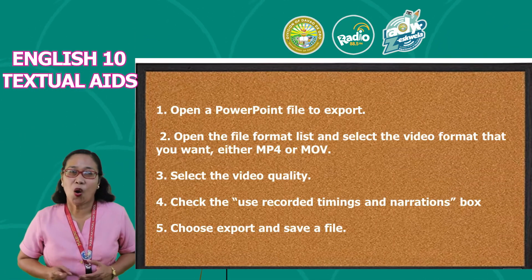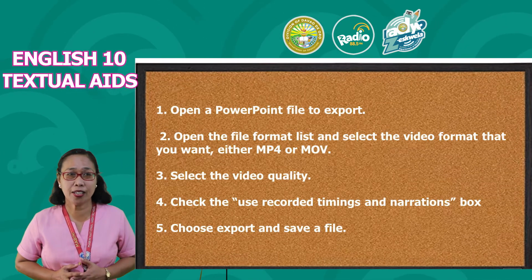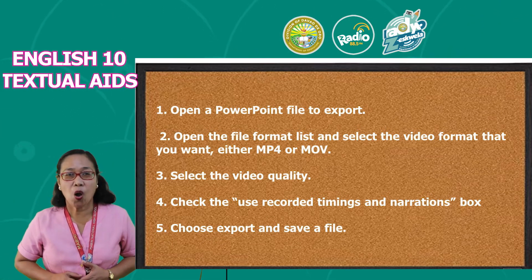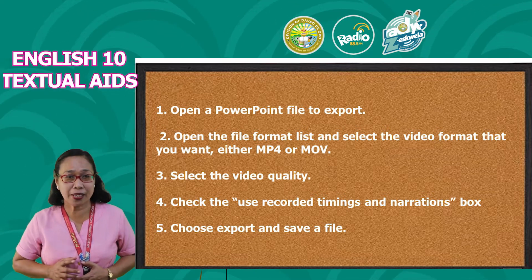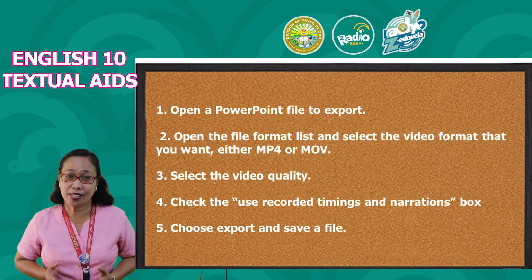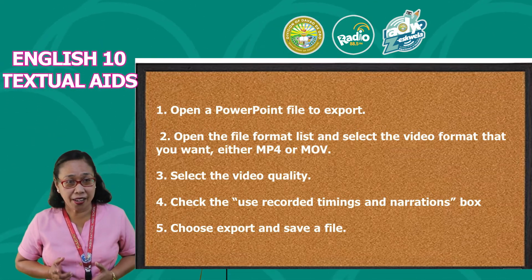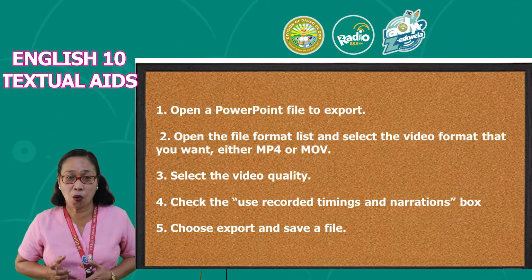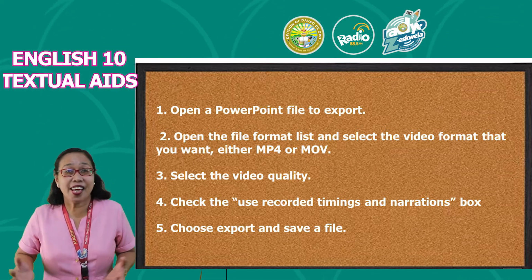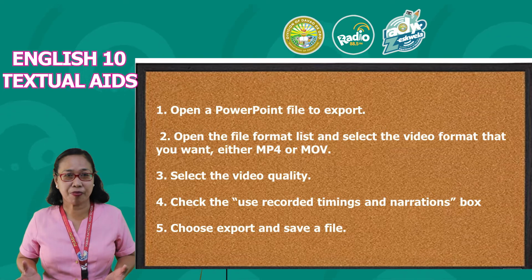First, open a PowerPoint file to export. Second, open the file format list and select the video format that you want, either MP4 or MOV. Third, select the video quality.